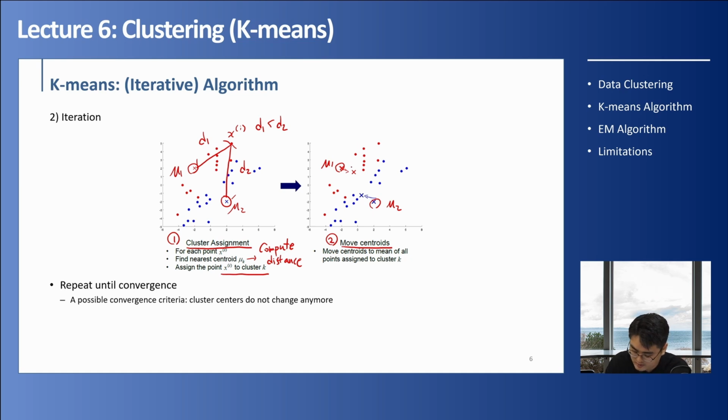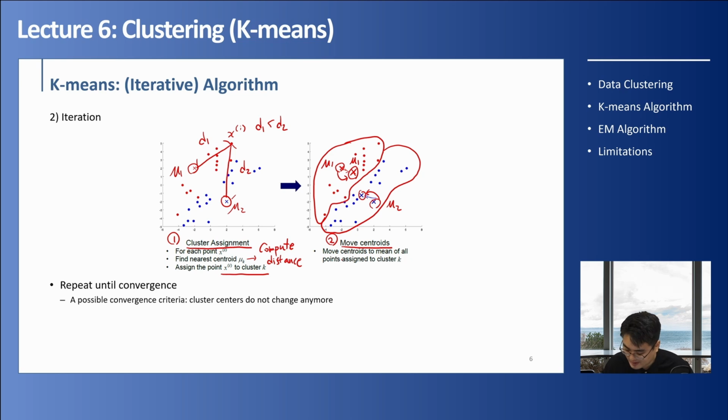For example, for this red cluster, cluster 1, we know these data points, so we can calculate their mean coordinate. Let's say this is our new mu1, so we move our centroid from the old one to the new one. Similarly, for the blue cluster, we recalculate the mean point of these data samples and move the centroid from the old one to the new one.